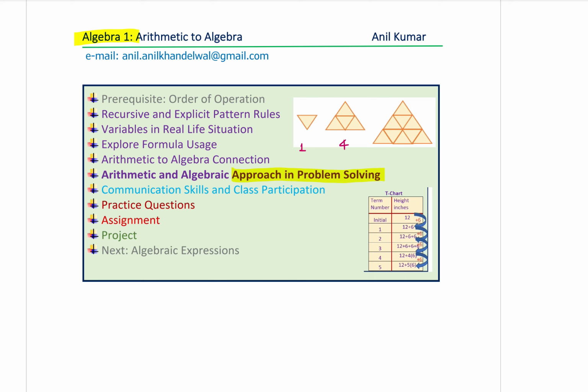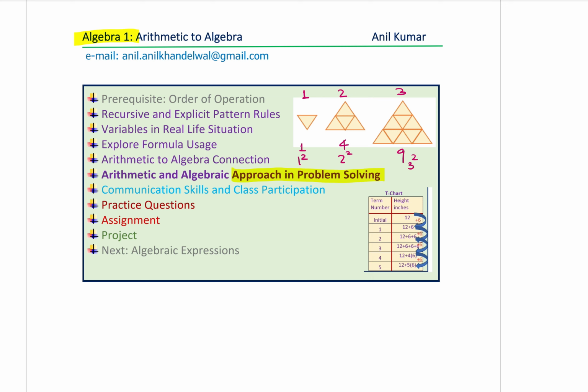And in the third pattern, it became 9. So these are the pattern numbers which are 1, 2, and 3. And what did we notice? The number of triangles were square of the pattern number. 1 square is 1, 2 square is 4, 3 square is 9.